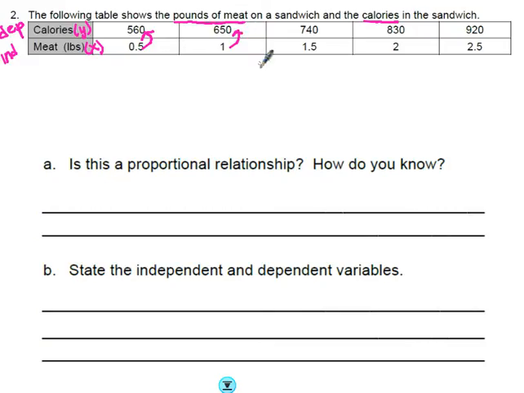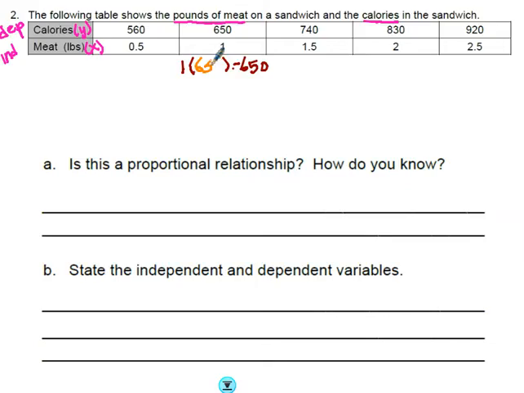Now, you don't always have to start with the first column or the first part of the table. I always start with the unit rate, because this one is easy. 1 times a number gives you 650. What would that be? That is going to be 650, because 1 times a number is the number itself.